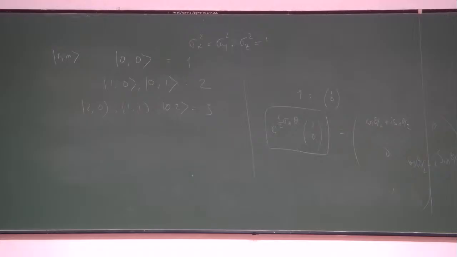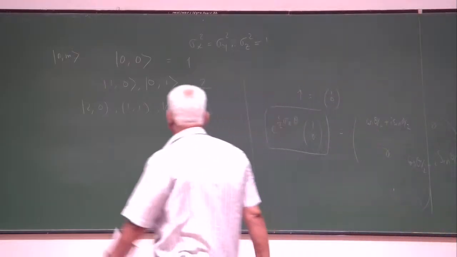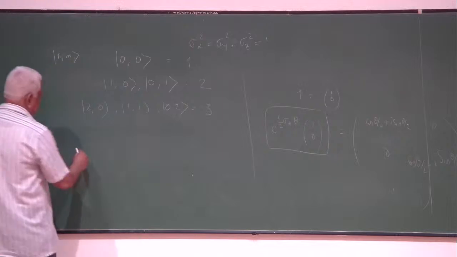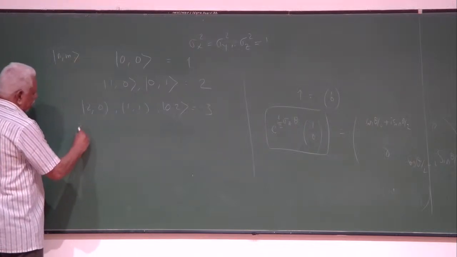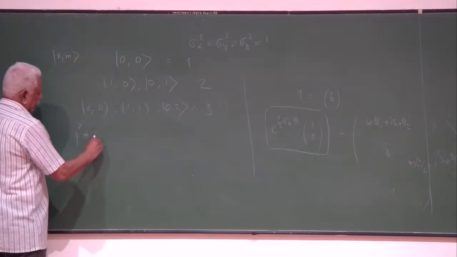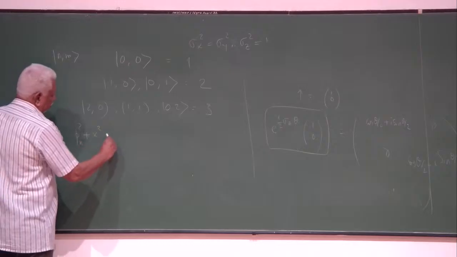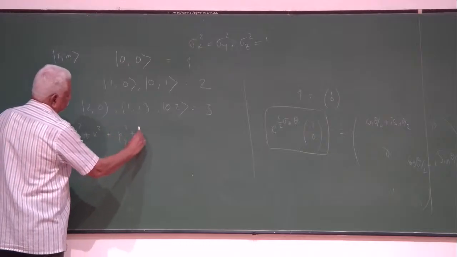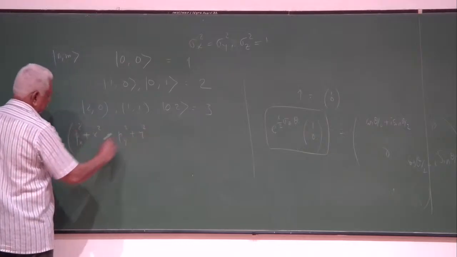Some of you should think about it, but I can give you one clue, and that clue is there are two oscillators, px square plus x square, plus py square plus y square, half of it.